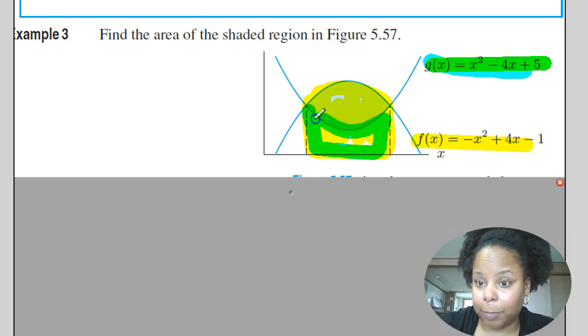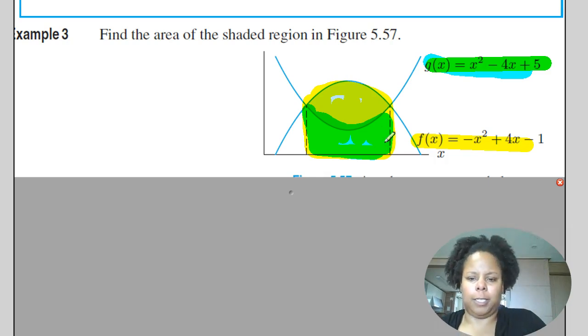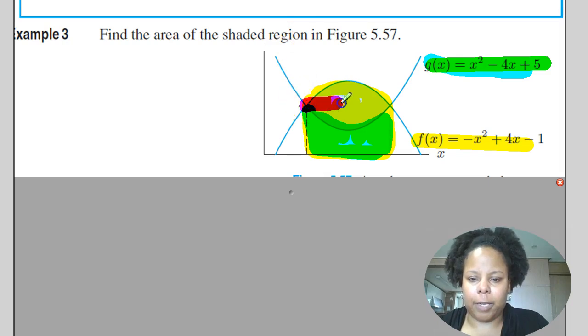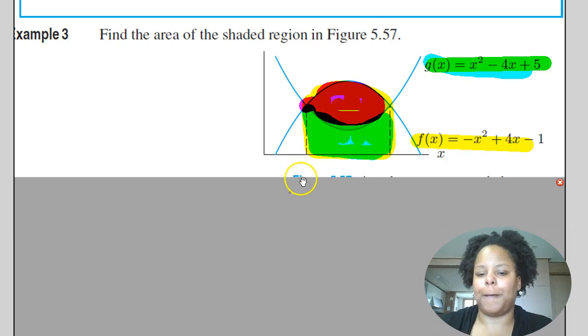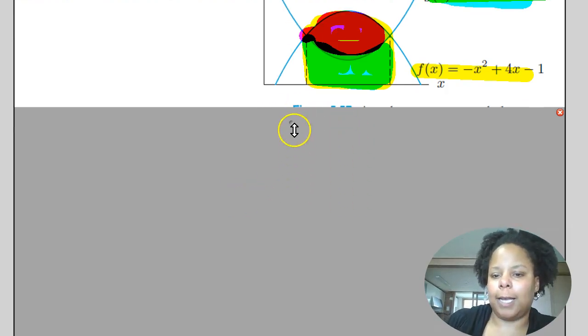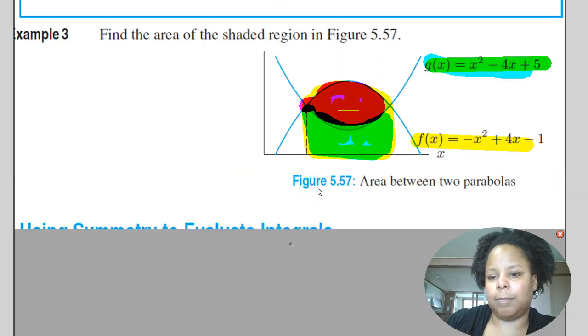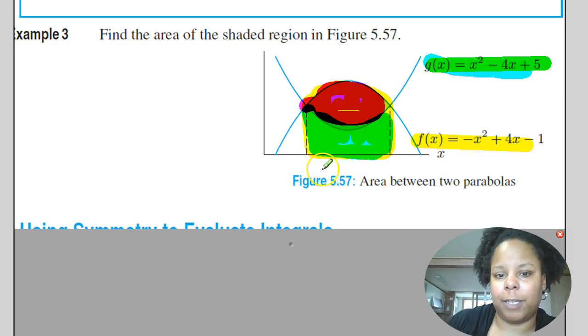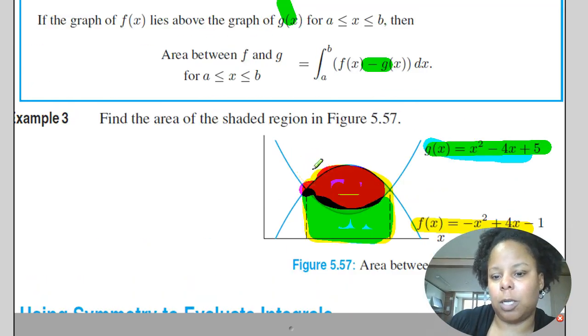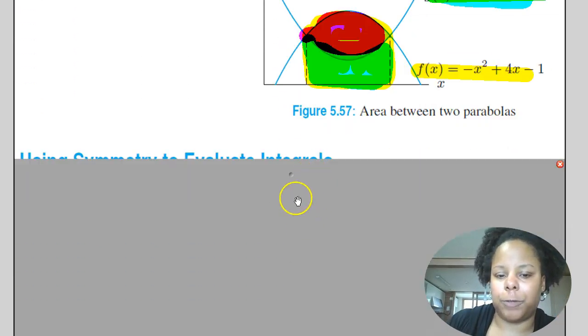And so the difference between the two would be this area right here, this little oval area. To compute that, I would just compute the area under the curve of f of x and subtract it from the area under the curve of g of x. So that would be the definite integral using this expression. That's how I would do that.